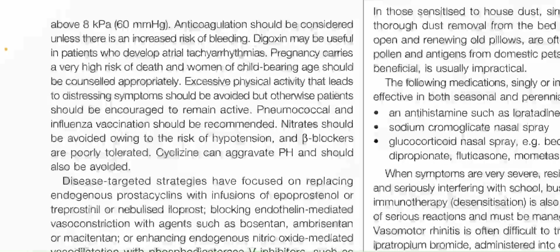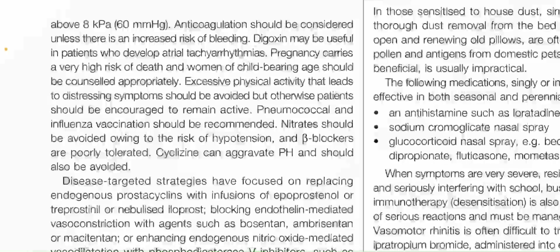Anticoagulation should be considered unless there is an increased risk of bleeding. Digoxin may be useful in patients who develop atrial tachyarrhythmias. Pregnancy carries a very high risk of death, and women of childbearing age should be counseled appropriately.